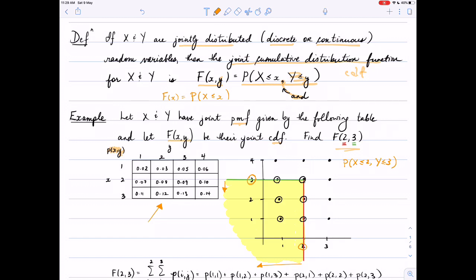And so we are talking about everything that is to the left and below our point here. This is our point 2, 3. And some people like saying southwest of that, right? South and west, the quadrant that is below and to the left of that point.